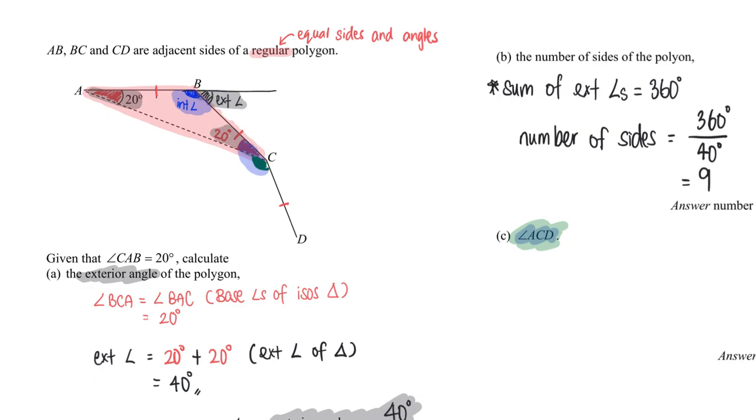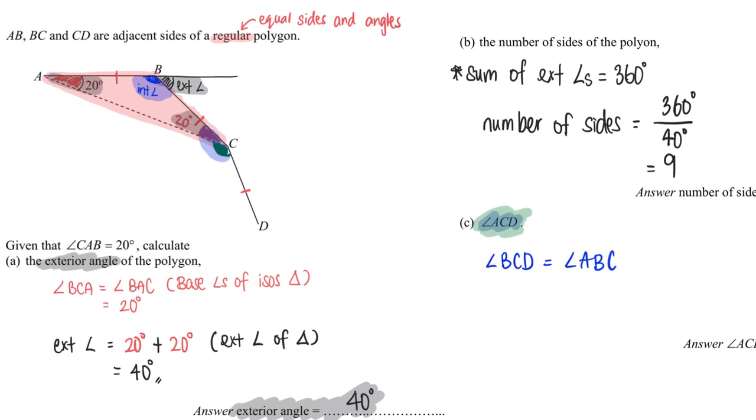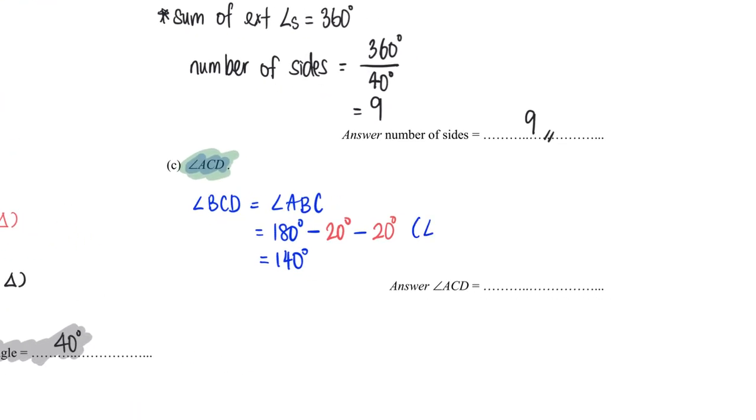So step 1 will be to find the interior angle, which in this case is angle BCD, which is equal to angle ABC, because they are interior angles of a regular polygon, and angle ABC is simply 180 minus 20 minus 20, 140 degrees. This is the angle sum of a triangle.